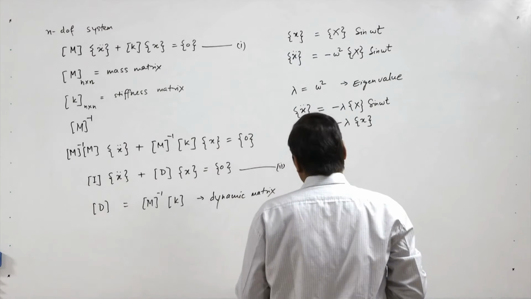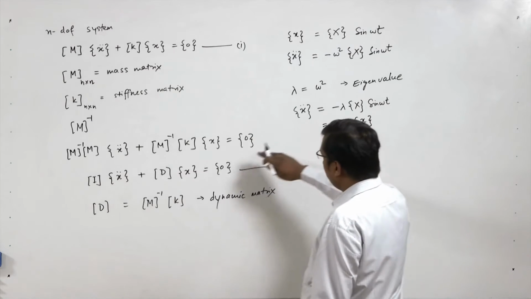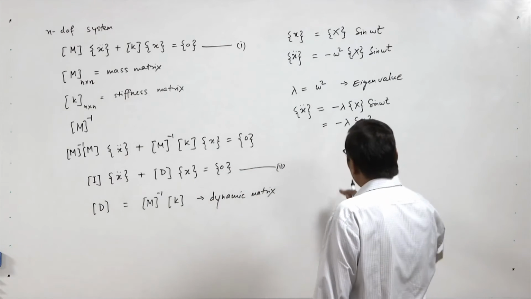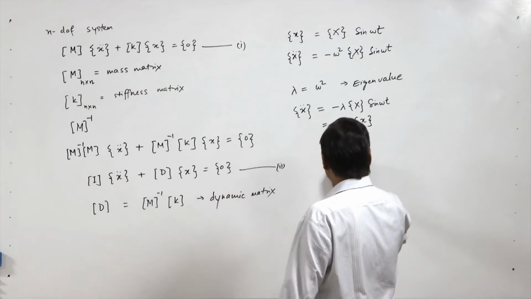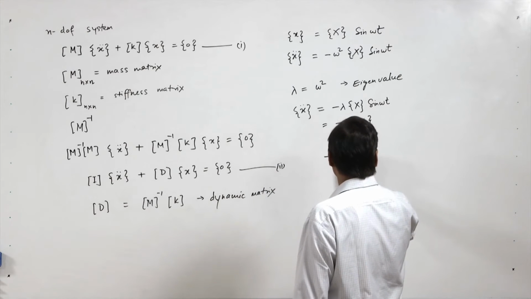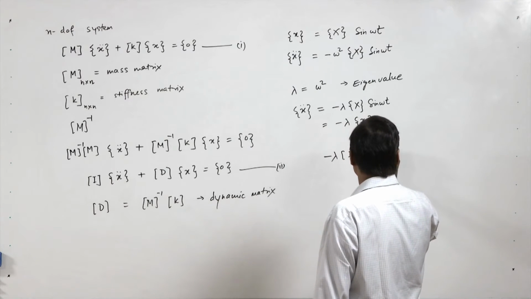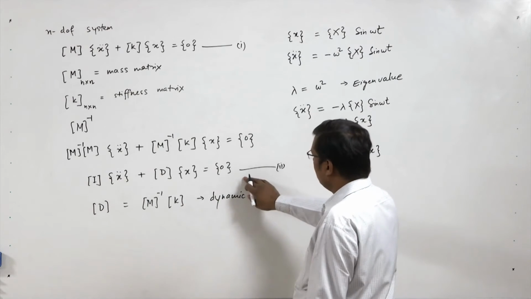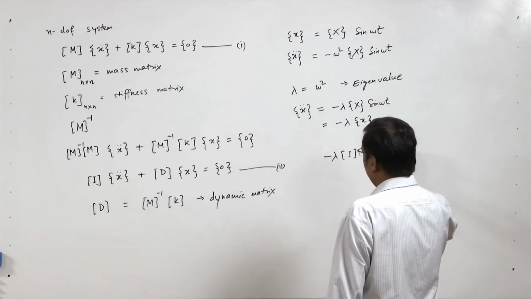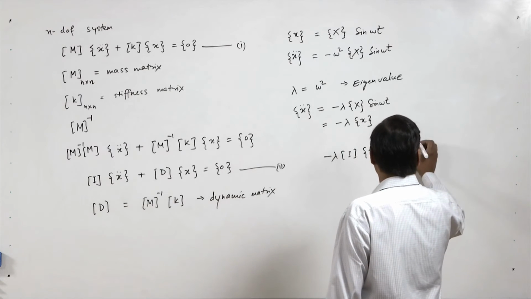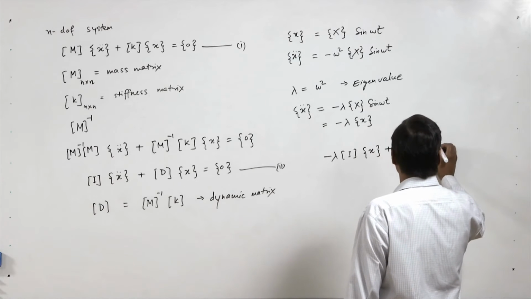So now if we put these terms into this equation, we will have minus lambda I into x plus D x equal to 0.